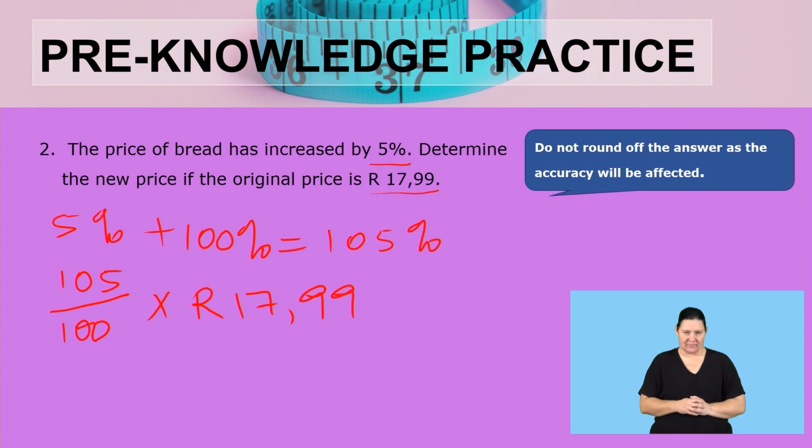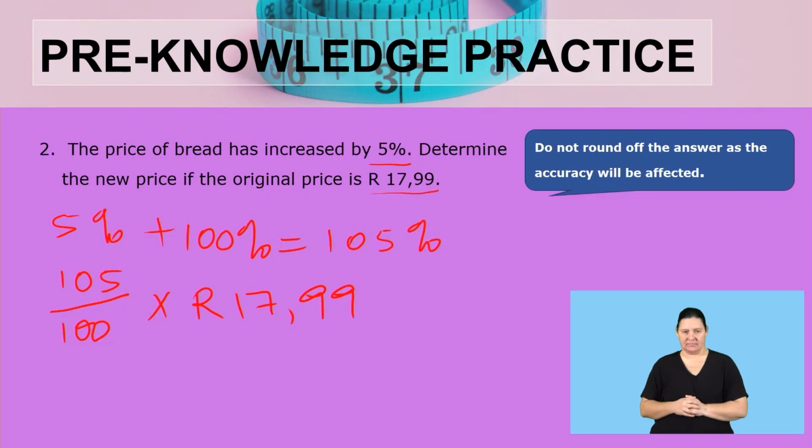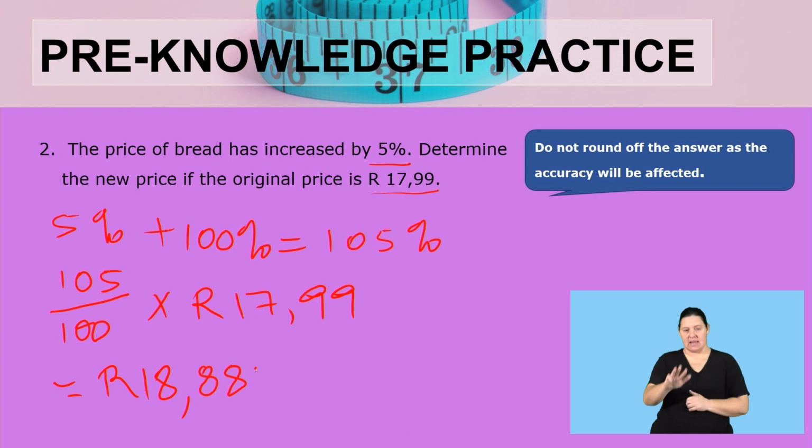Then we will have 105 divided by 100 multiplied by 17.99 rand. So we can press the calculator together. The answer that I'm getting is 18.8895. And remember, because this is South African currency, we need 2 values after the comma. Then I need to round this off to 2 decimal places.